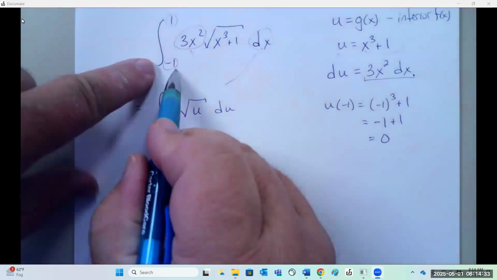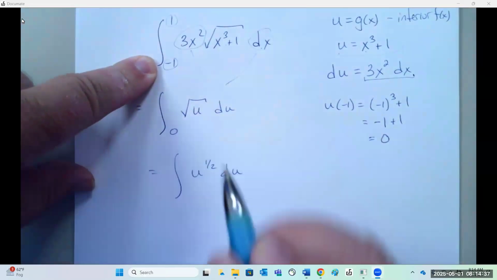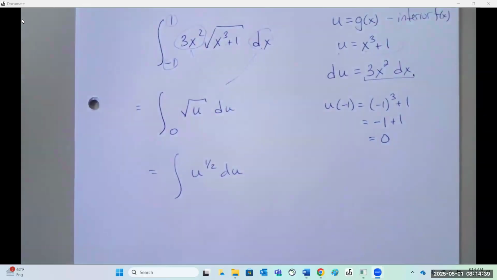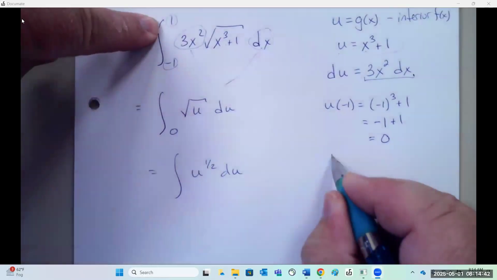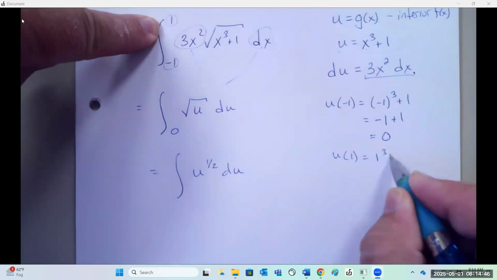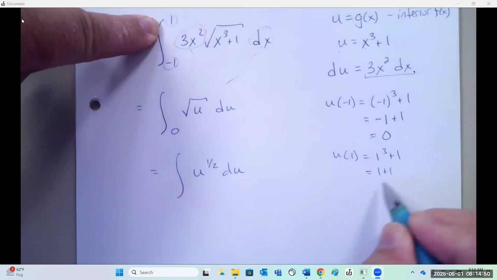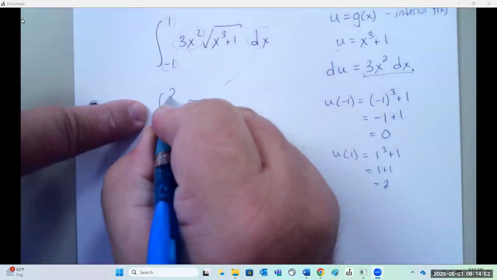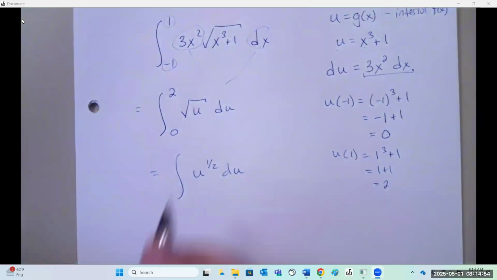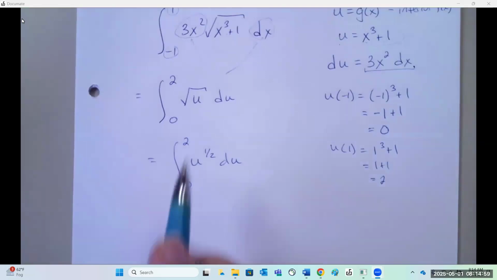So my lower bound becomes 0. My upper bound, my u value when x is equal to 1, I plug in place of x. So 1 plus 1 equals 2. So now that becomes 2. I have just changed my bounds to reflect the variable u.